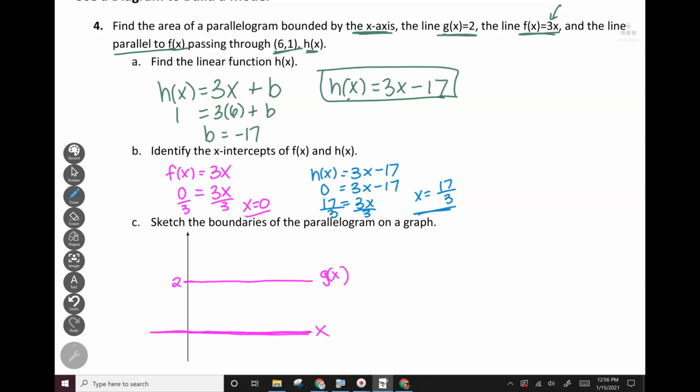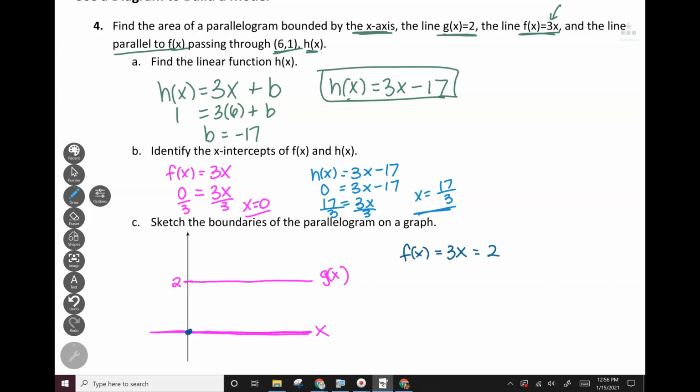And then the line f of x equals 3x. So the y-intercept for f of x is at 0, and then it has a slope of 3. Now I could just say f of x equals 3x. I want to know when that equals 2 so I know where it intersects this line up here.